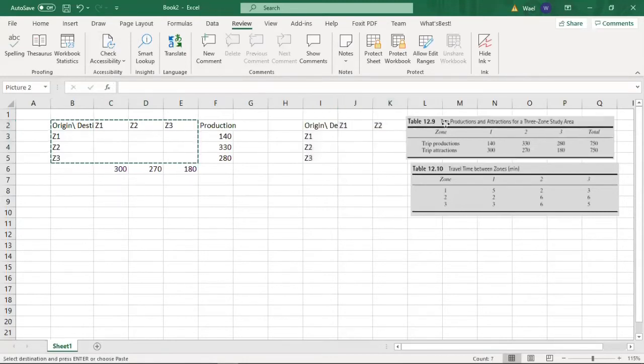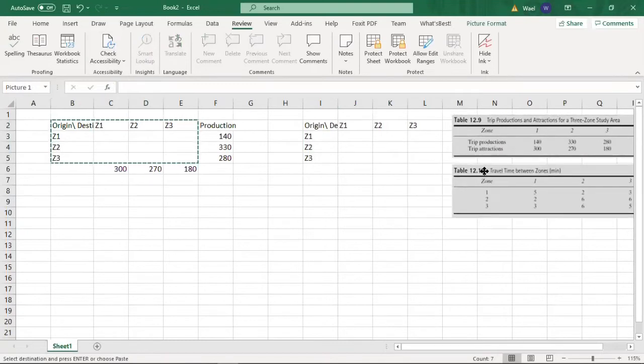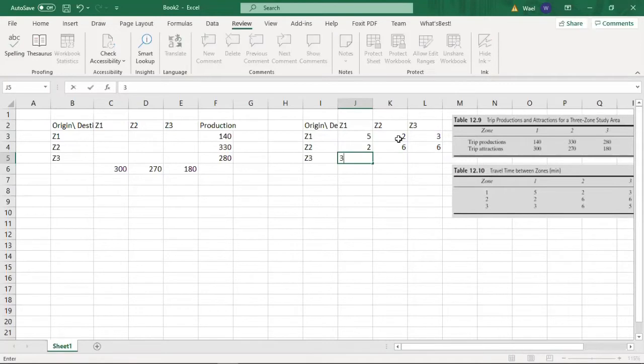Here, let's put the friction or the travel time. The travel time here is 5, 2, 3, 2, 6, 6, 5. I'm sorry, 3, 3, 3, 6, 5. So that's the travel time.